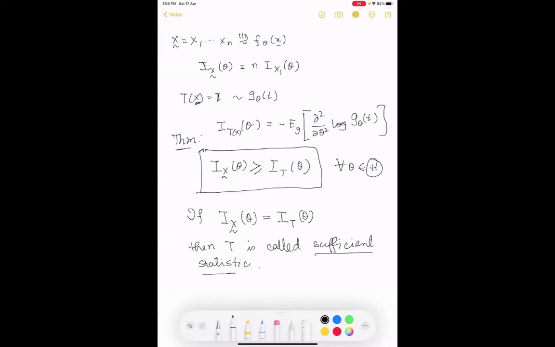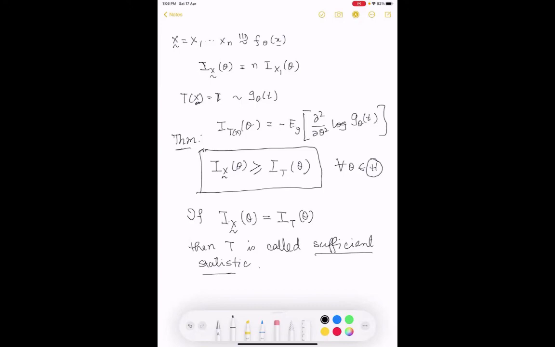Then the distribution will be some kind of scaled chi-square distribution or scaled gamma distribution. Because after that operation, your T of x could have a very different distribution. But still, that T contains information about theta. Yes, sir. Now I understand.